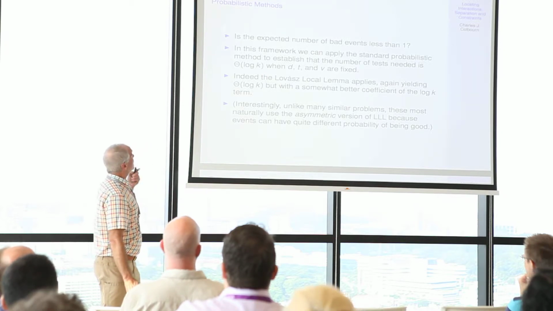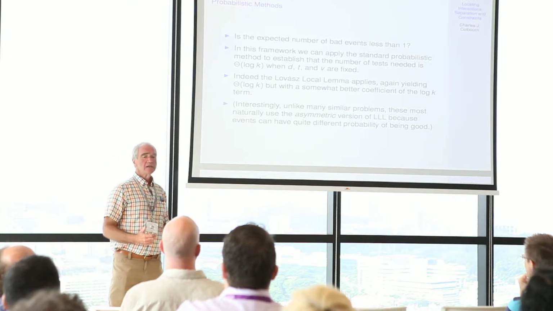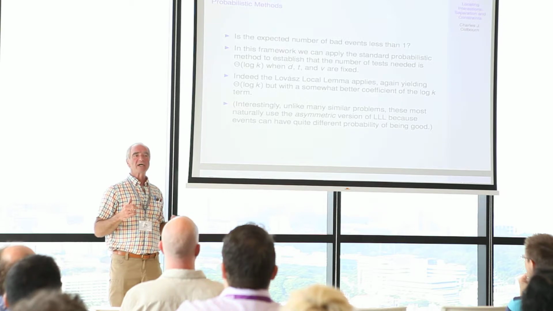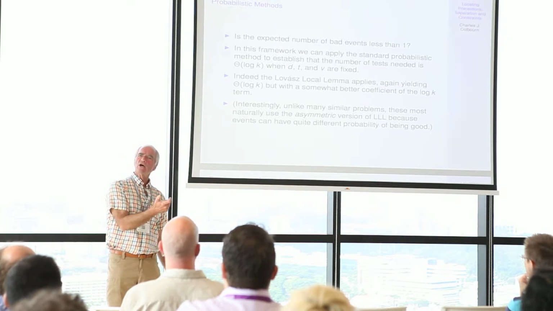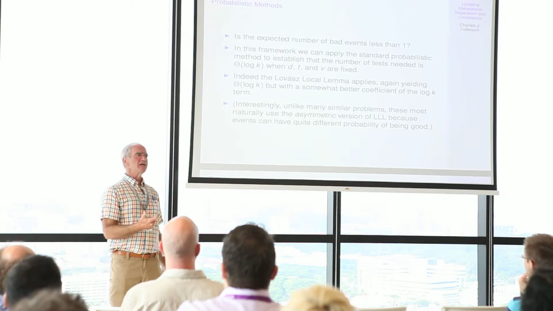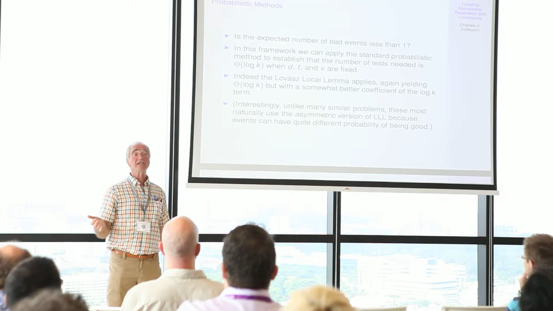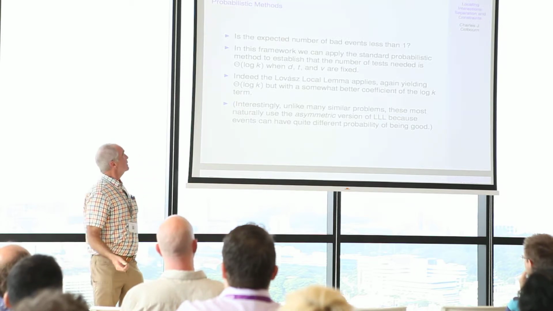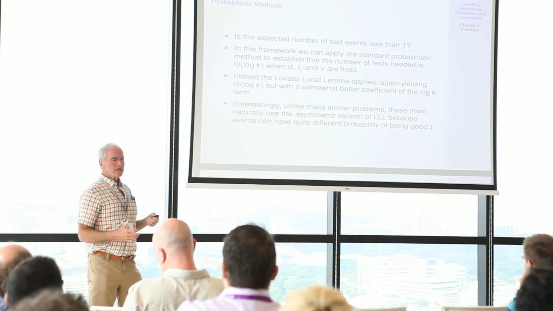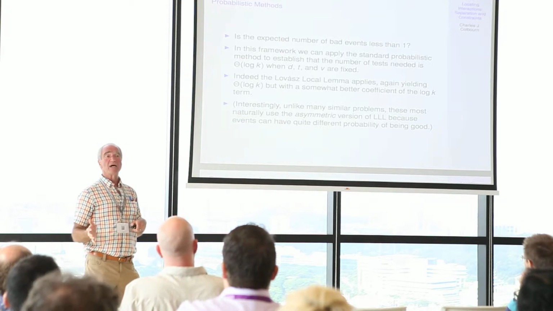So, a lot of improvements result by saying, you assumed arbitrary dependence among the events, but in fact, some events are independent of other events. Can't you exploit that? And the answer is yes, you can. So in fact, the Lovász Local Lemma applies here.